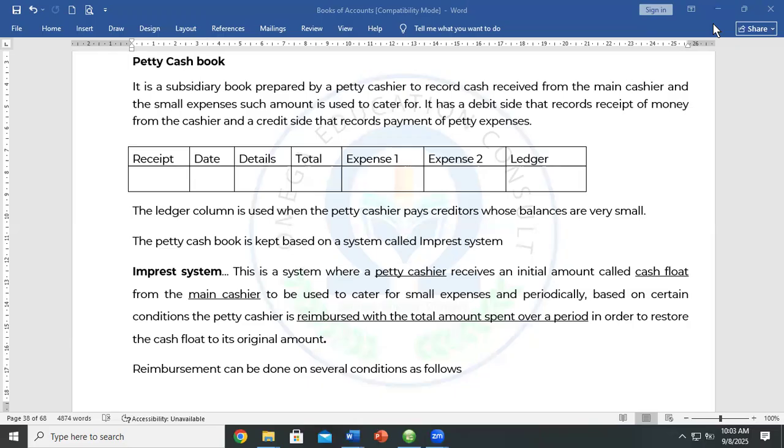Now, because there are 2 parties in the picture, i.e. the petty cashier and the main cashier, they agree and operate a certain system. And that system is called the imprest system.